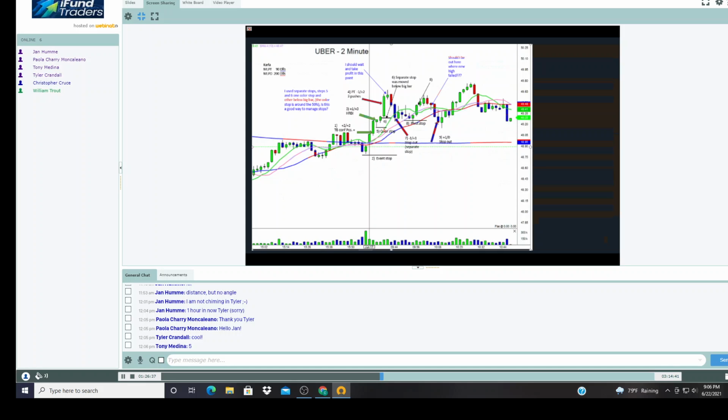So step number 5, separate stop. Okay, now I think we have something to talk about, because if I see this correctly, you say separate stop, but I don't understand the word separate here. Did that apply to the hidden RBI? If so, then this should be a 3, right?